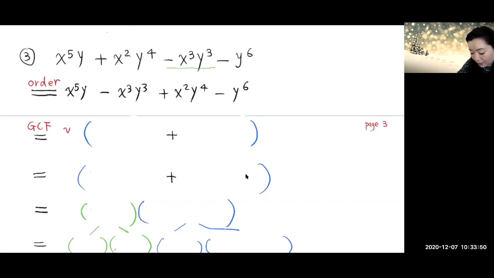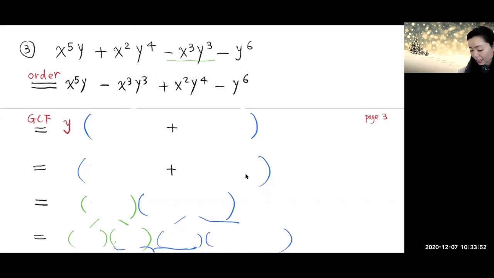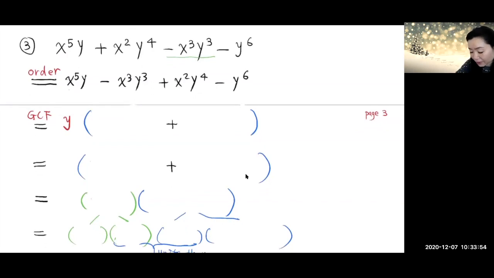Yeah, just y. Now after that, inside the parenthesis we have x to the 5th minus x cubed y squared plus x squared.